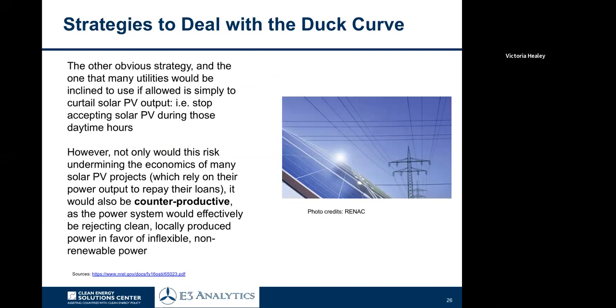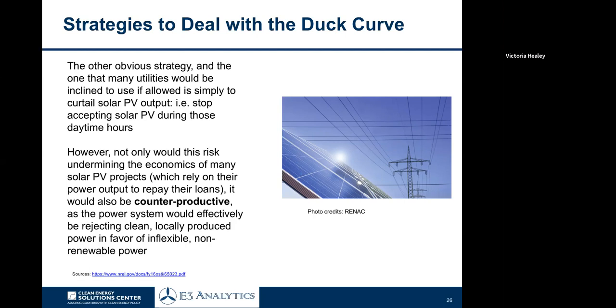Now, the obvious strategy that a lot of utilities would be inclined to use if they could is simply to curtail solar output. And they would just say, we're just not going to buy it during the daytime when there's too much. But the problem with that is that not only would this risk undermining the economics of many privately financed solar PV projects, which need that daytime power output in order to repay their loans, it would also be counterproductive because the power system would effectively be rejecting clean, locally produced power in favor of inflexible, non-renewable power.